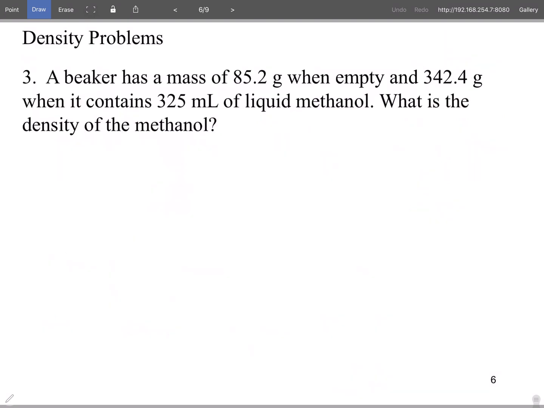Okay? So here we have a beaker that has a mass of 85.2 grams when it's empty and 342.4 grams when it contains 325 milliliters of liquid methanol. We're looking for the density of methanol. If we're looking for the density, we need the mass and we need the volume. We know our volume, it's 325 milliliters.